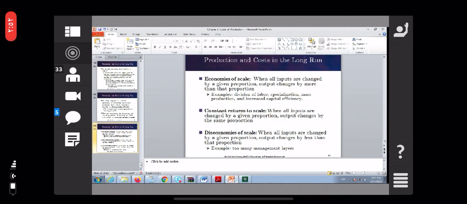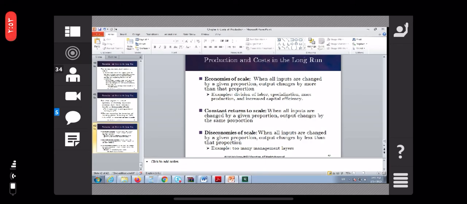Economies of scale, meaning increasing returns, is when all inputs are changed by given proportions and output changes by more than that proportion. Constant returns is when all inputs are changed by given proportions and output changes by the same proportion. Diseconomies of scale is when all inputs are changed by a given proportion and output changes by less than that proportion.